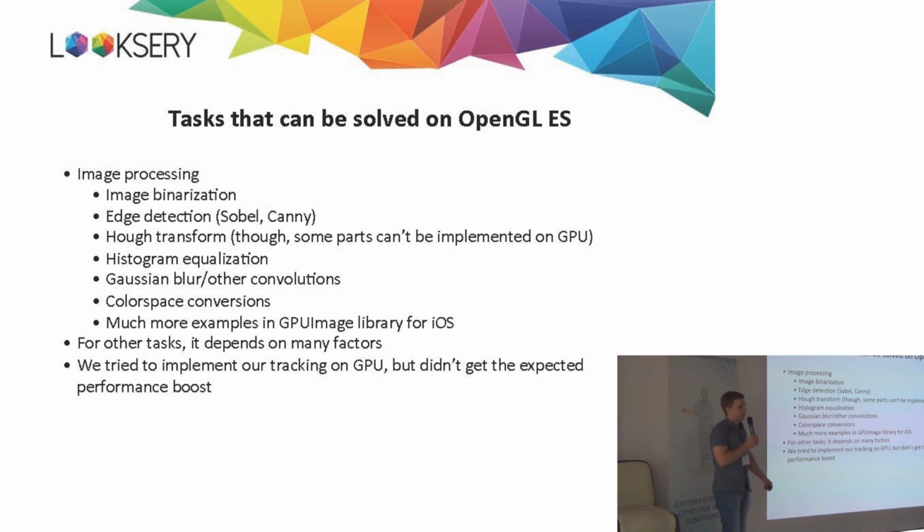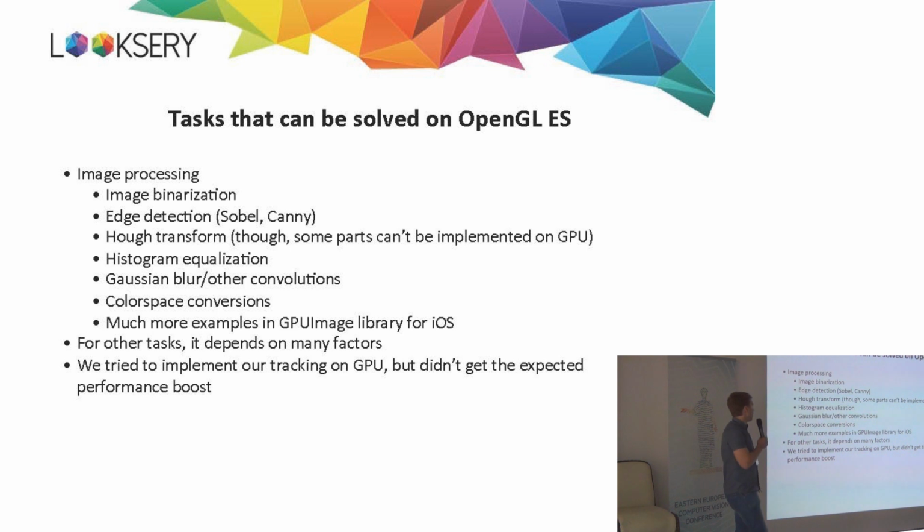But there are many tasks on OpenGL ES on mobile devices which can be done efficiently, and we use them. For example, for image processing, there are tasks such as image binarization and edge detection. You can also use it for Hough transform, where you may need to read the data back to the CPU a couple of times.